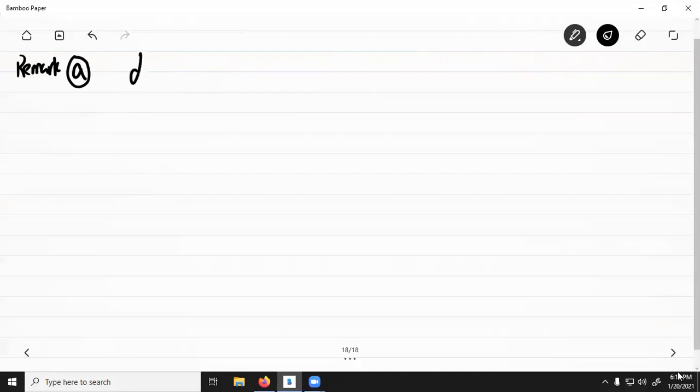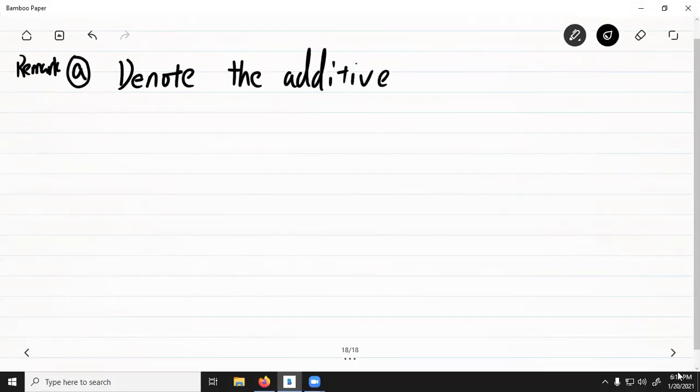So we denote the additive inverse of A by negative A. So we use this symbol, which represents the additive inverse of A. We add a small line in front of this letter to denote the additive inverse of A. We do not use B anymore.